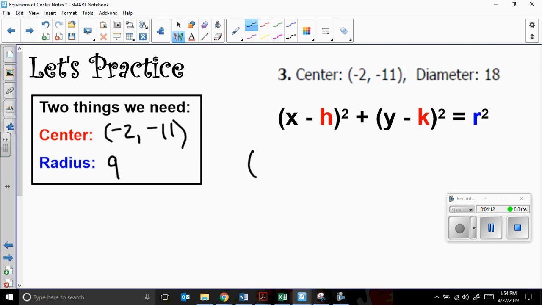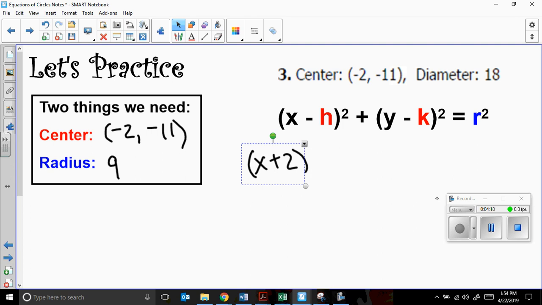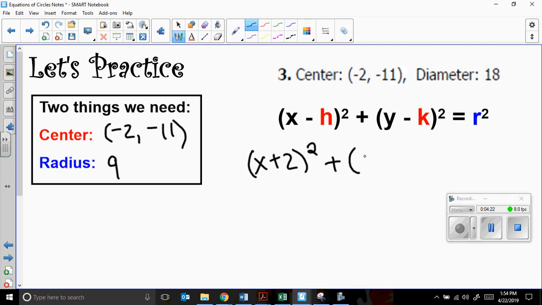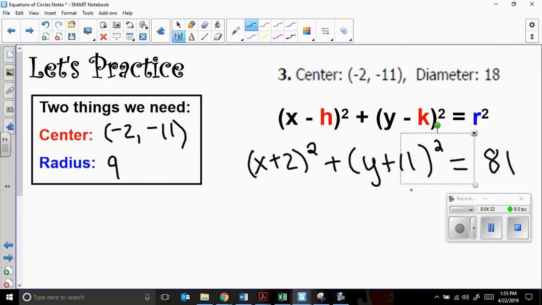This will be (x + 2)² because, remember, minus a negative is plus, then + (y + 11)² = the radius, which is 9, squared, 81. Make sure you don't square the diameter.